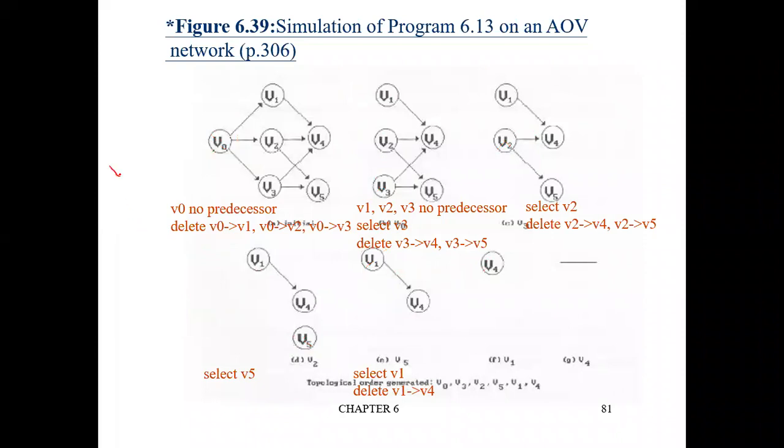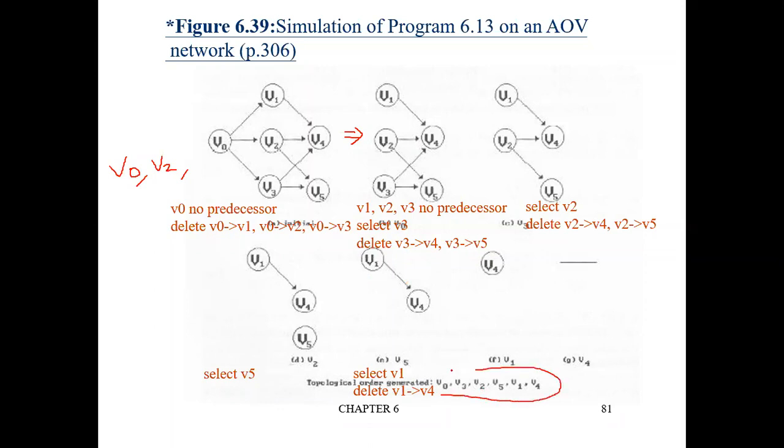Okay. So assume that in the second case we are picking up V2. If we pick up V2, after V0 we will visit V2. Then we will be deleting which edges? What are the outgoing edges of V2? What I'm trying to explain is that the algorithm will not have only one output.